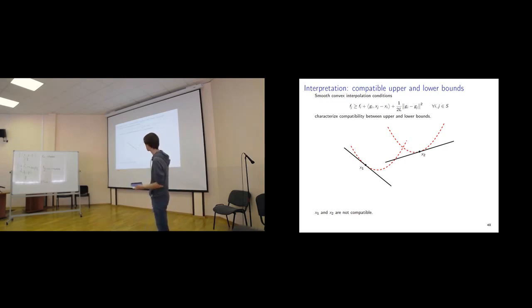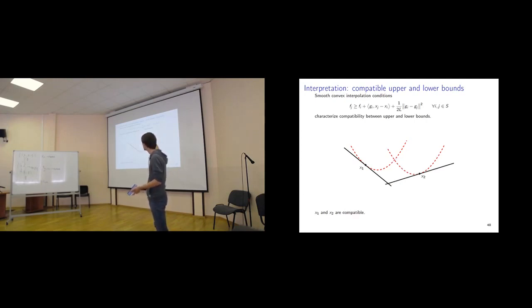If you are given a discrete version of a function, which consists of 2 points, x1 and x2, and you assume that the function was smooth and convex, then at each point you have a lower bound of the function, which comes from convexity, those 2 black lines, and you have an upper bound because we assume that it was smooth. Essentially, if at some point one of the upper bounds is not below the other upper bounds, it means that this condition is not satisfied. So this is one of the interpretations. For example, in that case, the lower bound and the upper bound are not compatible, so it means it cannot satisfy this condition.